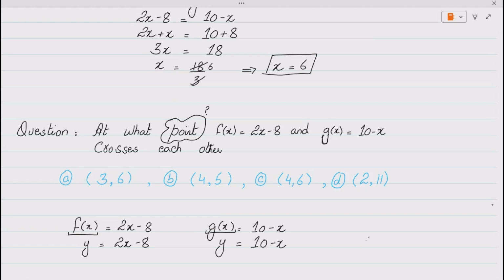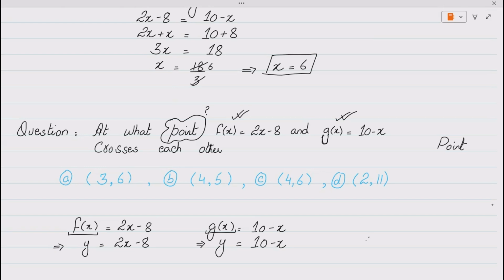Whenever you have to find the point, you have to find the value of both x and y, because in two dimensions, in the equation of a line, you can see this is the equation of a straight line, and this is an equation of a straight line. So when I replace f of x with y, these functions become equations of straight lines.